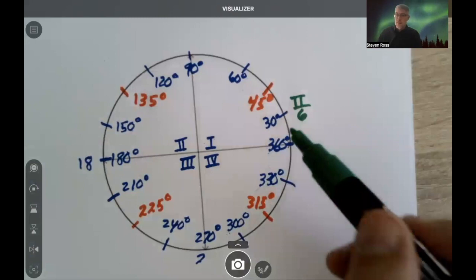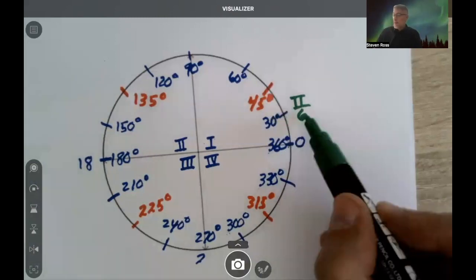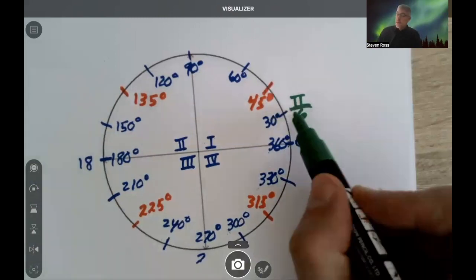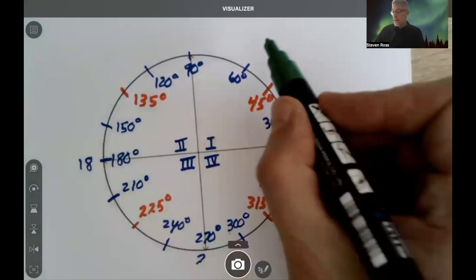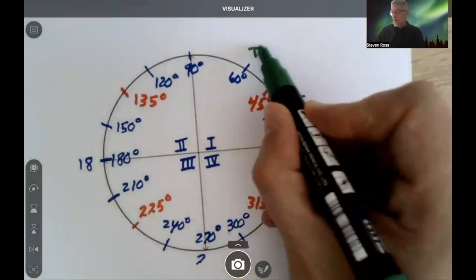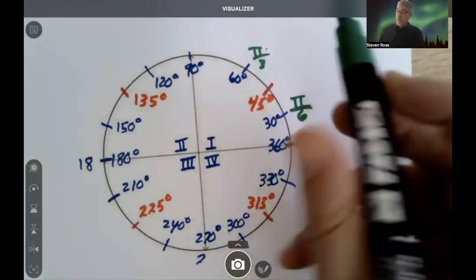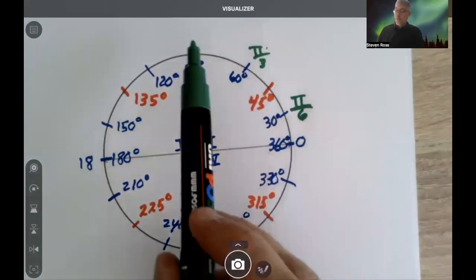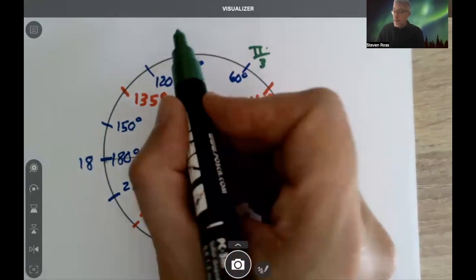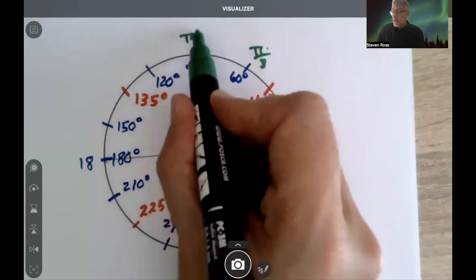So I'm going to start counting around. We've got pi over 6. And then if I continue to count to this one, that would be 2 pi over 6. Let's mentally reduce that down to pi over 3. So 1 pi over 6, 2 pi over 6, 3 pi over 6 is really the same thing as pi over 2.